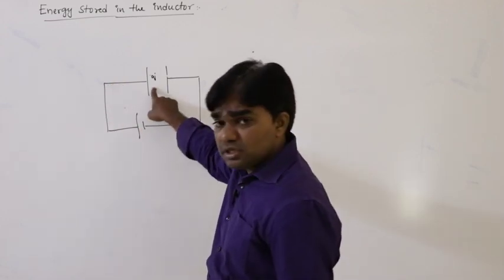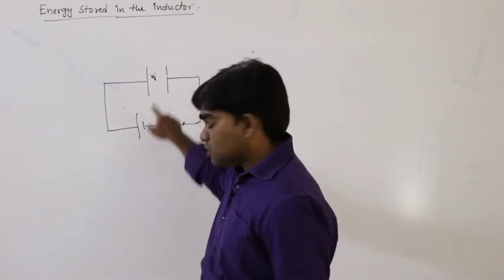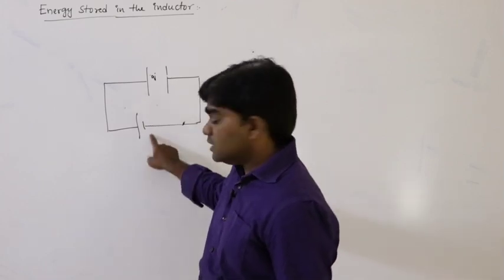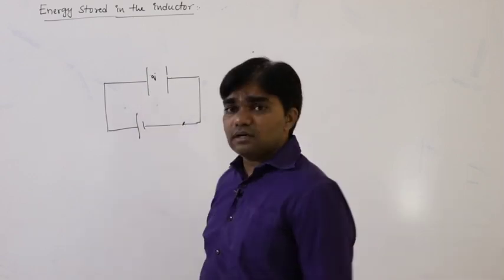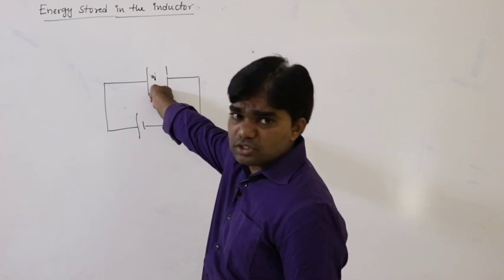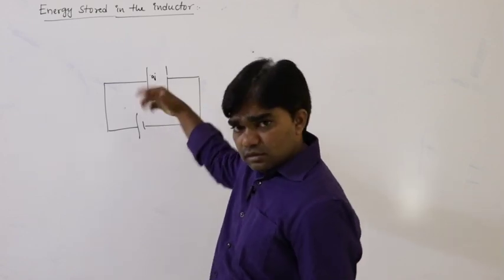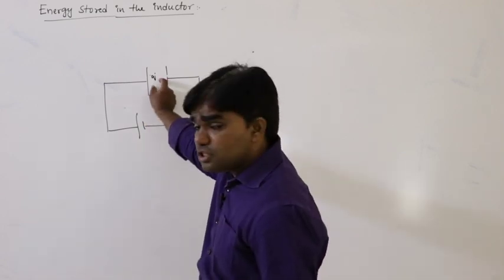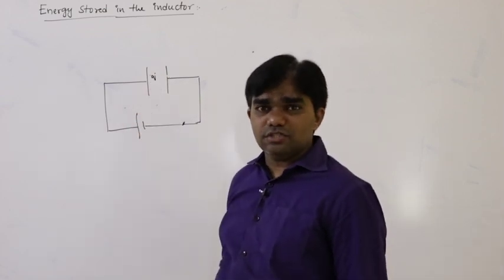Initially the charge on the capacitor is 0. So once this capacitor is connected to the battery, what happens? The capacitor is going to be charged. Initially let Q be the charge accumulated on the capacitor. The charge still goes on increasing, but this charge opposes the upcoming charge.